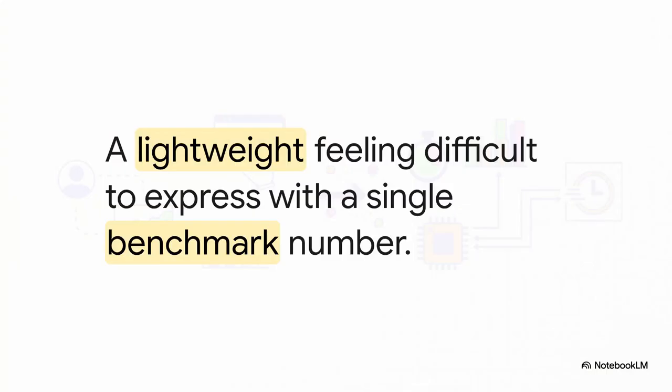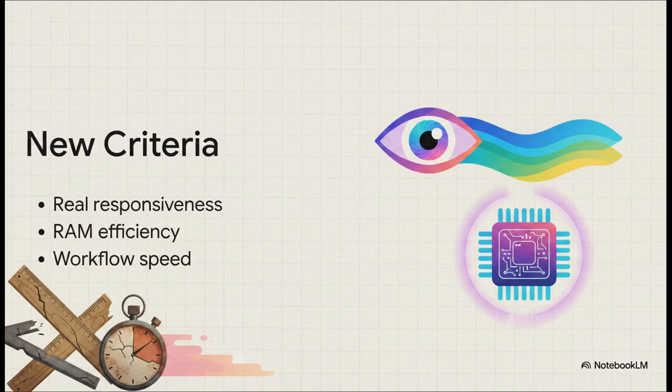But we're dealing with a lightweight feeling that is notoriously difficult to express with a single, simple benchmark number. It's a real shame because a technically brilliant operating system can be tragically misunderstood and even abandoned by new users simply because it's being judged by the completely wrong metric. If that first 30-second impression is based on a flawed premise, adoption absolutely suffers. So, this demands a complete paradigm shift.